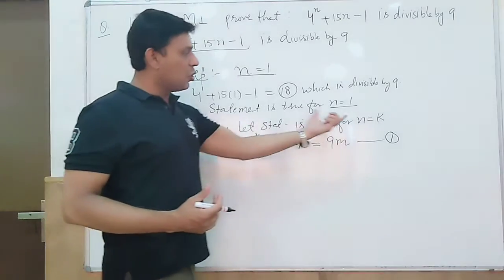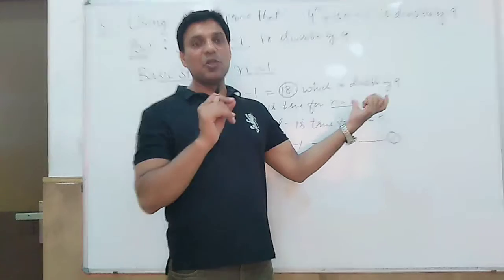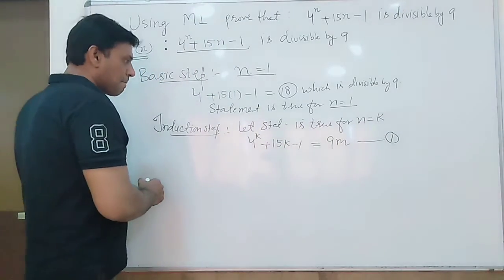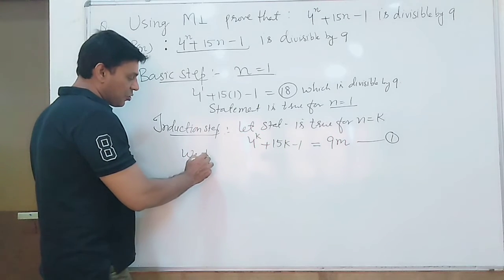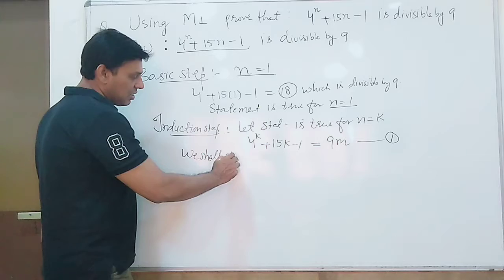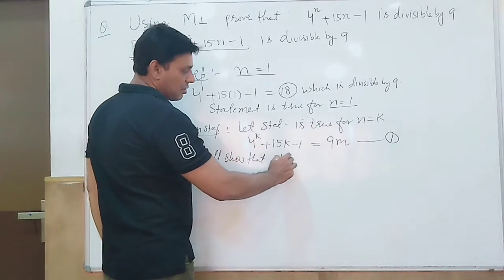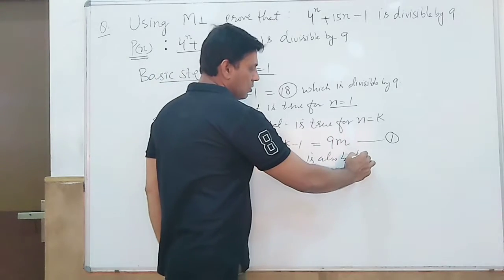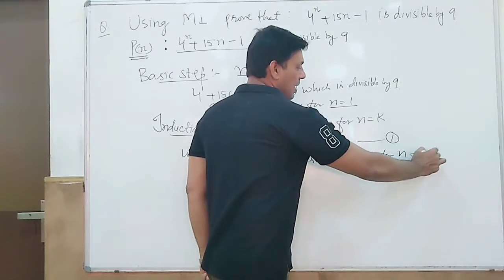Now I have assumed that the result is true for n equal to k. Now I have to prove that the result is also true for n equal to k plus 1. So we shall show that the statement is also true for n equal to k plus 1.